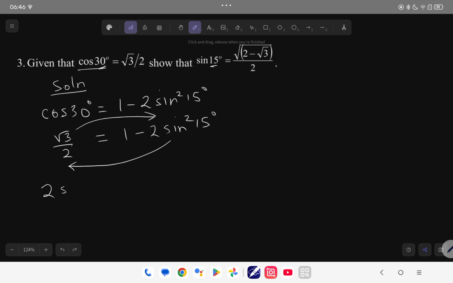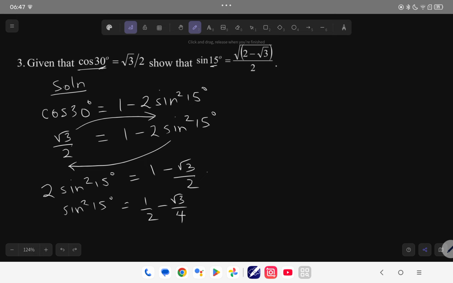So we'll have 2 sine squared 15 degrees is equal to 1 minus root 3 out of 2. Now I can divide through by 2. So sine squared 15 degrees will be a half minus root 3 out of 4.